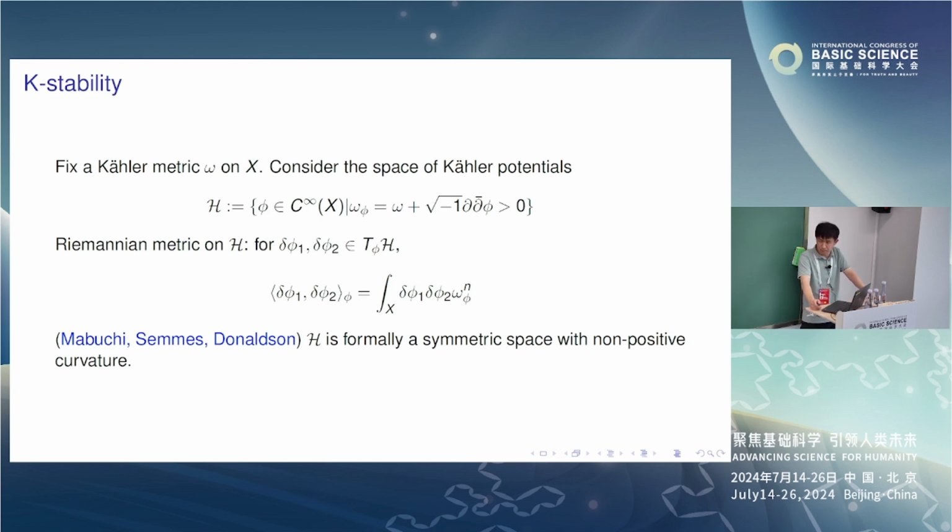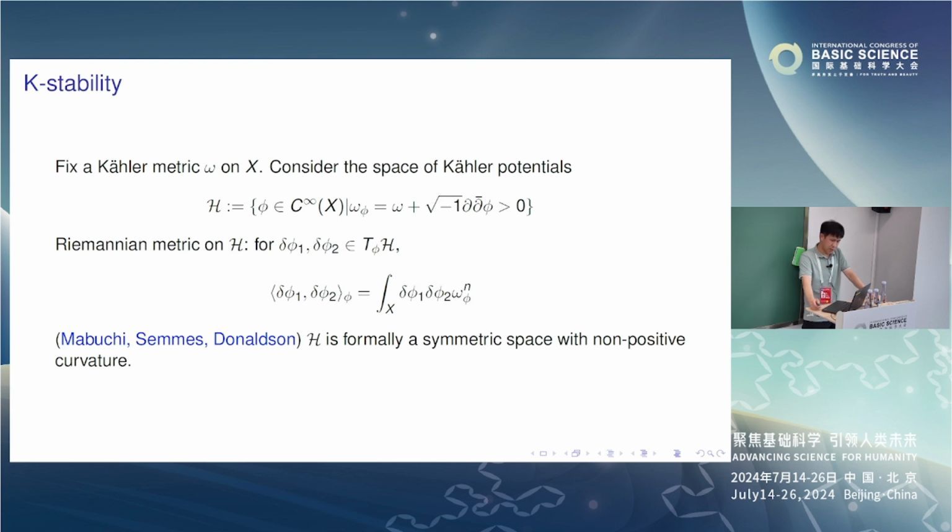We can put the problem into a variational framework, and that's actually the origin of this problem for cscK metrics. So you fix a Kahler class, and consider the space of all functions phi such that if you add dd-bar phi, it's another Kahler form.